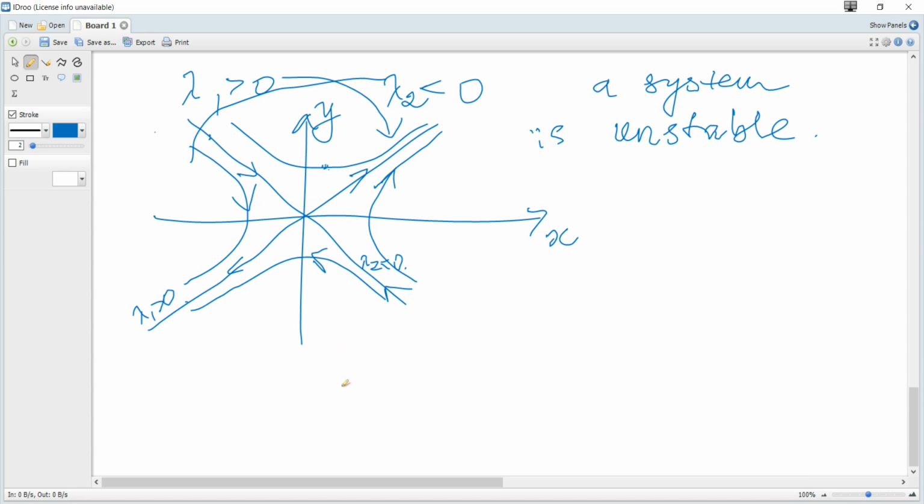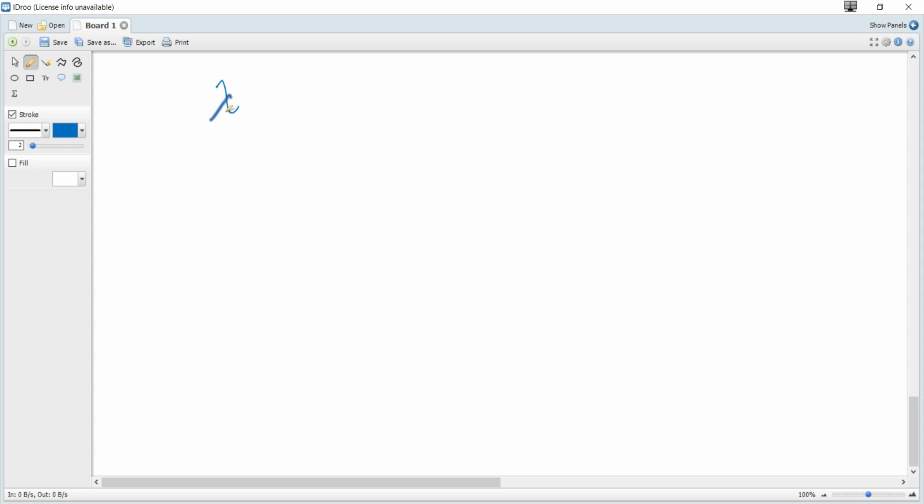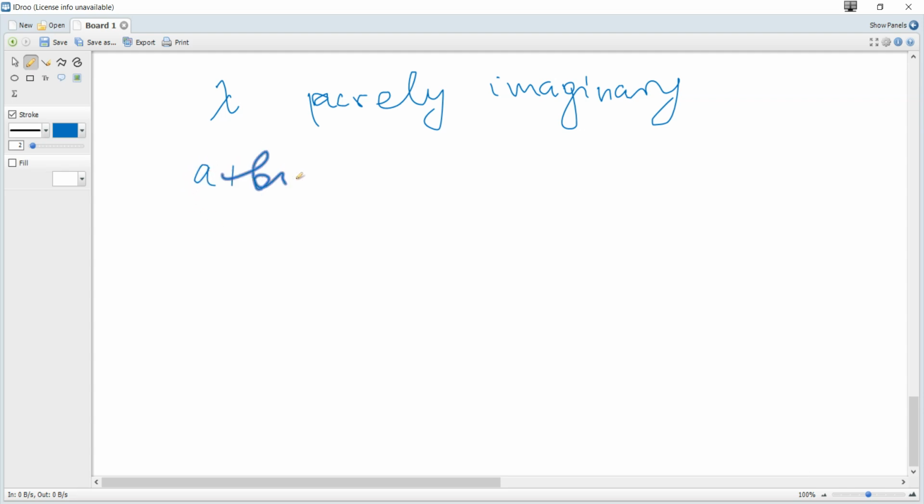And then if the two lambda values are purely imaginary, you remember that when you consider some equation, complex roots arise in pairs, they are complex conjugates. For example, when a plus bi is a root, a minus bi is also a root.